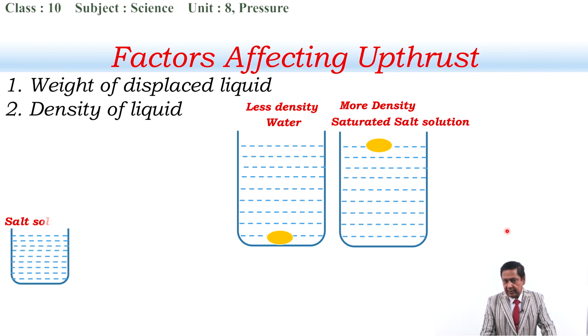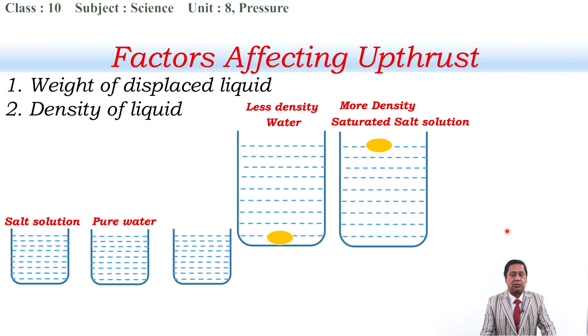This is salt solution, and this is pure water, and this is kerosene. Can you compare the density of these three liquids? The density of salt solution is more than pure water, and the density of pure water is more than kerosene. We used to say that kerosene is lighter than water, but really, as a science student, we have to say that the density of water is greater than kerosene oil.